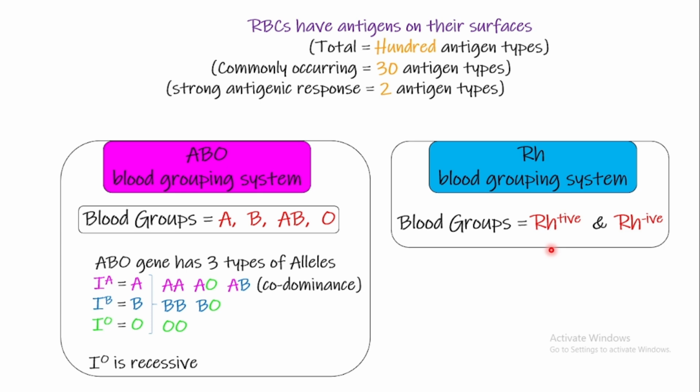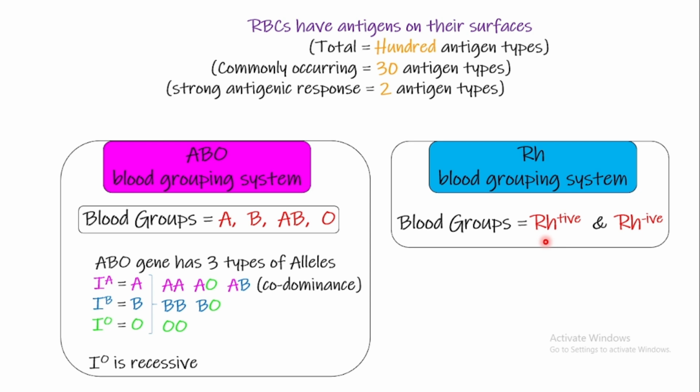For instance, if the person has both antigen A and B on its surface, the blood group is AB. Along with that, if the person also has D antigen on its surface, then the blood group will be AB positive.